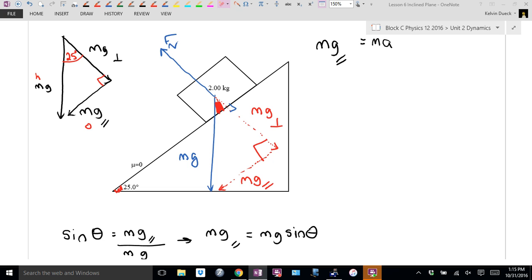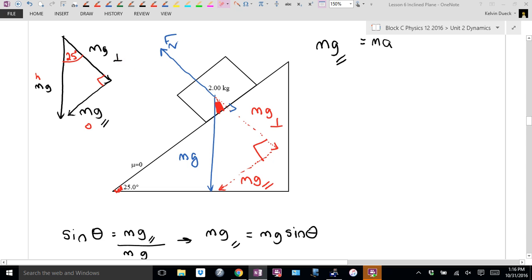So if you draw the triangle my way, if you put the same theta that I do up there, mg parallel is always going to be mg sine theta. Now, if you forget, Taylor, I've just shown how you can derive it. This is a good enough shortcut that we'll commit it to memory. By the way, if mg parallel is sine, what do you think mg perpendicular is going to be?